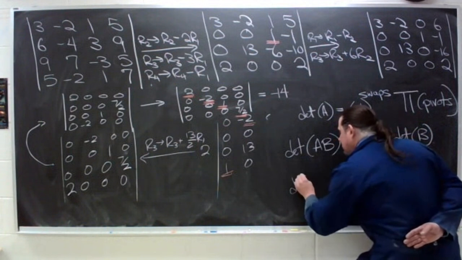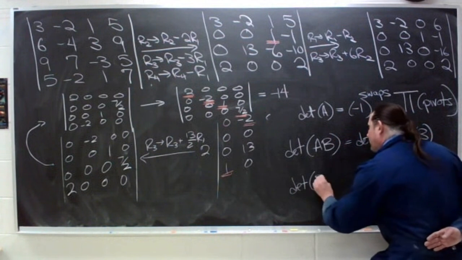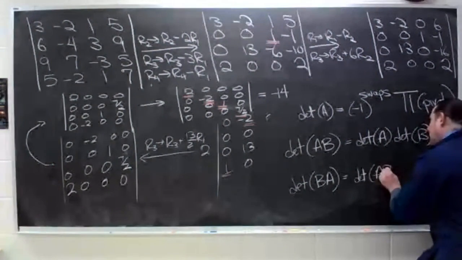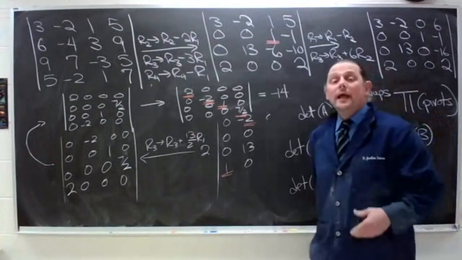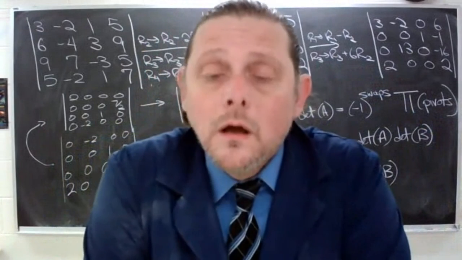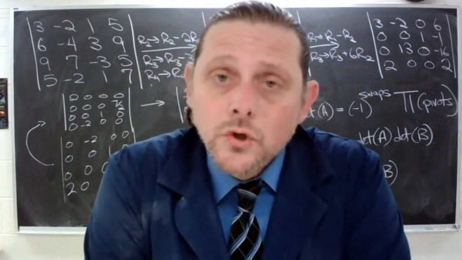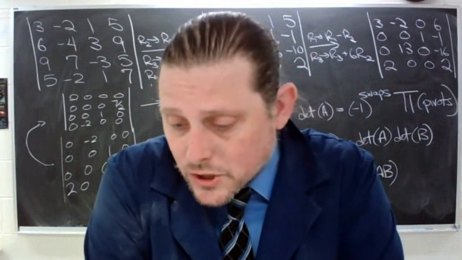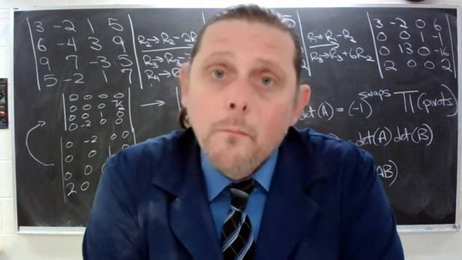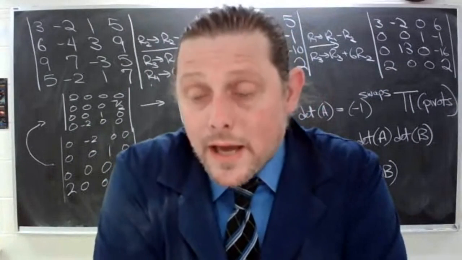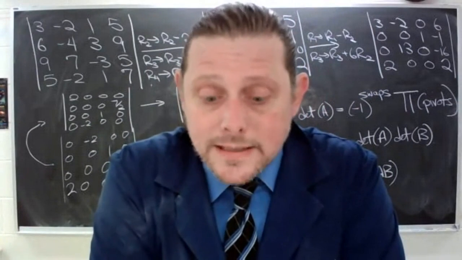This also implies that the determinant of BA is equal to the determinant of AB, even though there is absolutely no reason to expect matrix BA to be equal to matrix AB. Matrix multiplication is not commutative, but the determinant of the 2 matrices that we get will be the same.